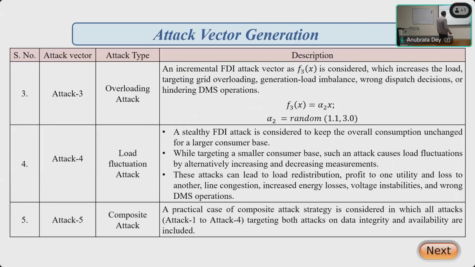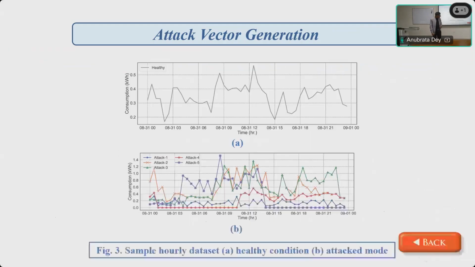Same way you can do for overloading, which can be 110%, 120%, or 130%. With the same data set, you multiply your original data with this overload and generate that type of scenario. Then the fluctuations also you can create, and the composite, that means addition of the earlier attacks 1, 2, 3, 4, that also you can create.